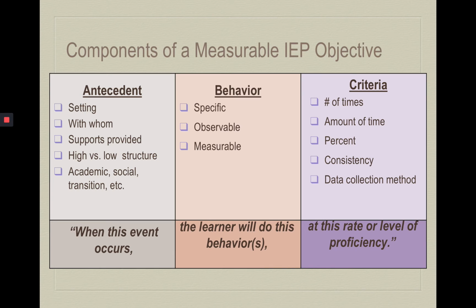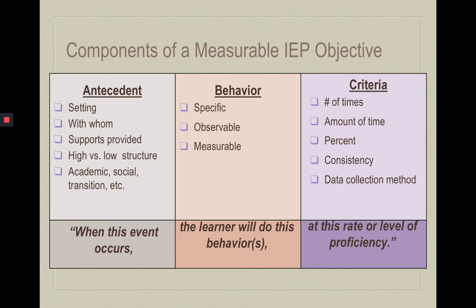Okay? Some objectives actually identify what support should be provided as a condition of the antecedent. So when given a daily schedule, the student will, right? You might even have an antecedent that provides something about structure of the classroom, right?